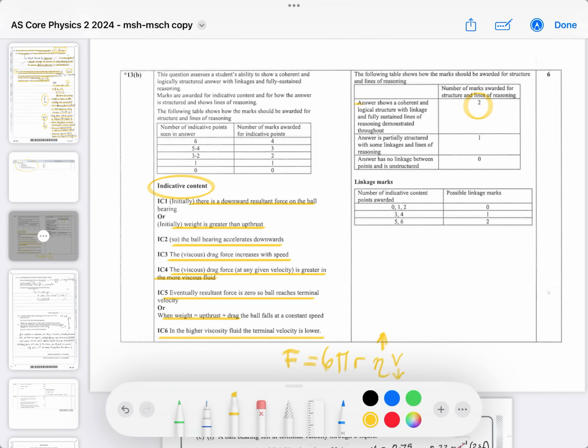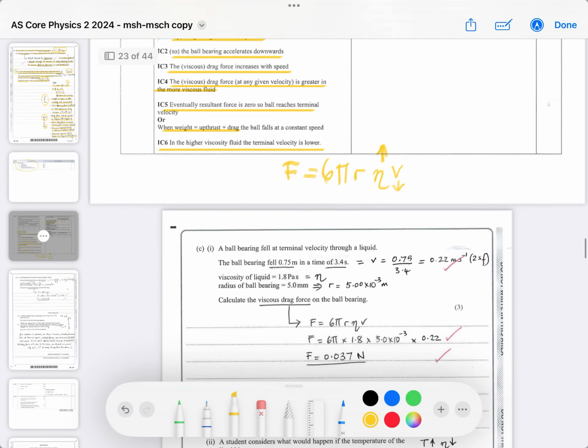Here it says answer shows a coherent and logical structure with the linkages and fully sustained lines of reasoning throughout your written answer. So any confusion, you'll just drop 1 mark. Okay, so I hope that makes sense.